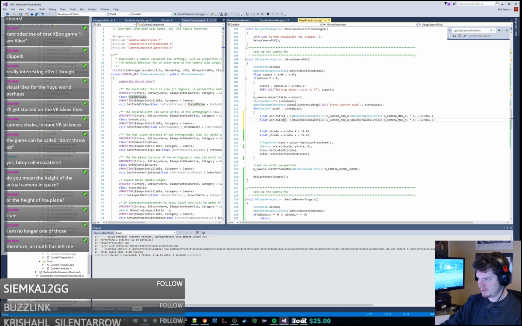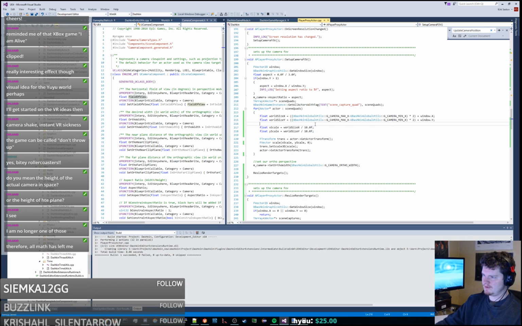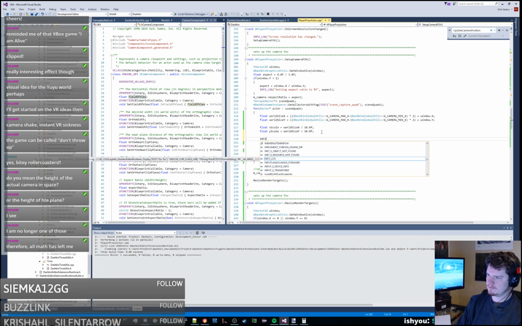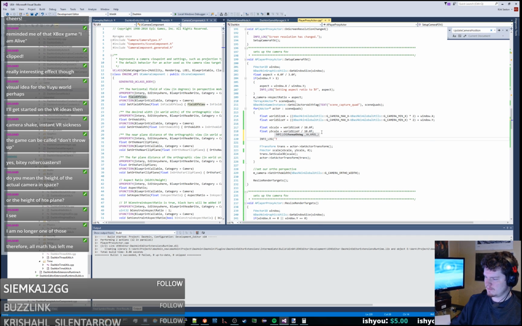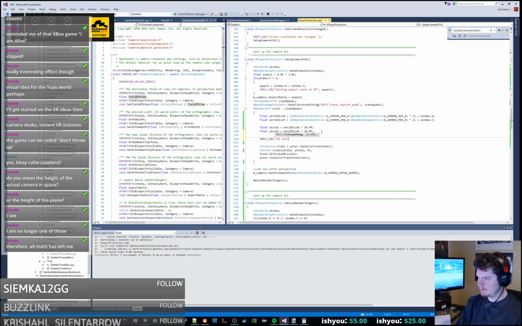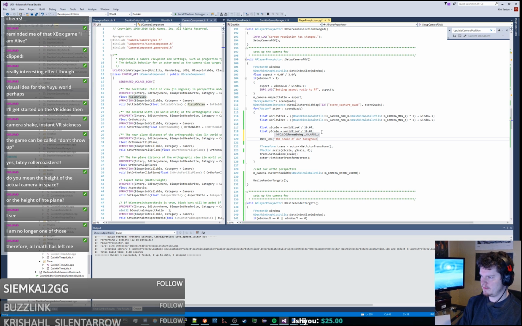Same thing with world size Y. Something like that, I'm pretty sure. The scale of our background projection is percent of.